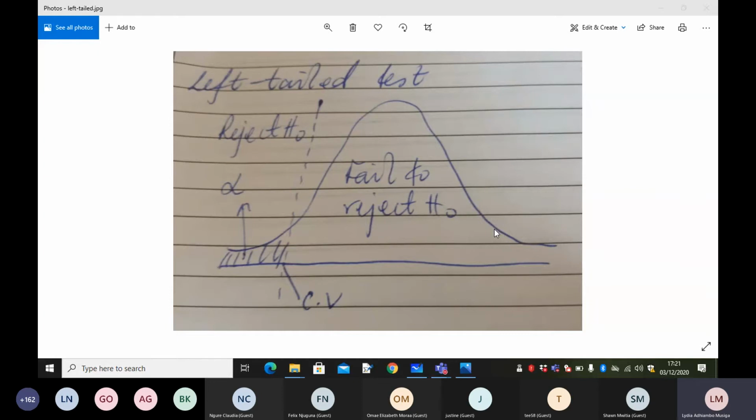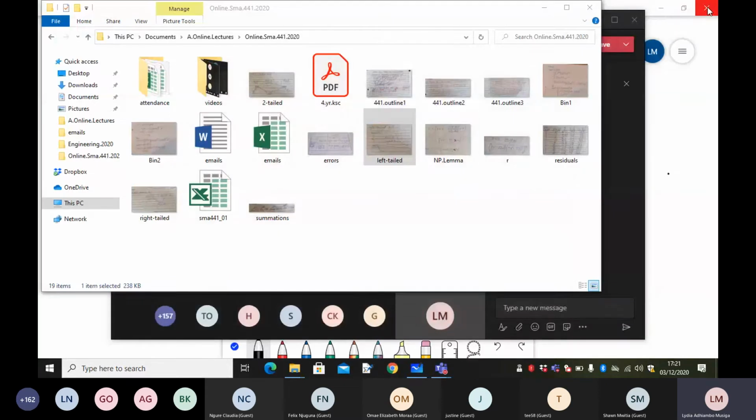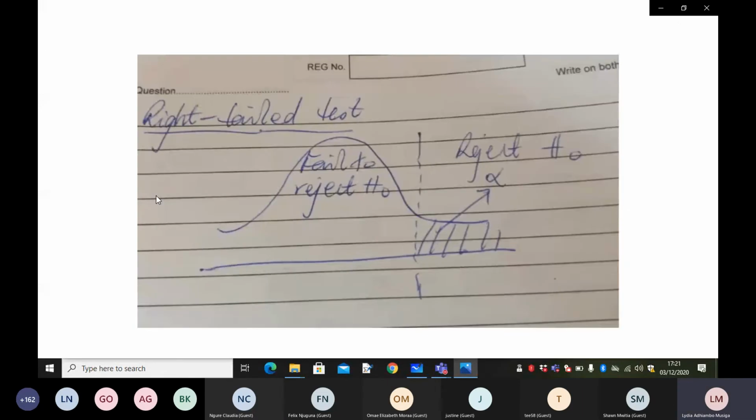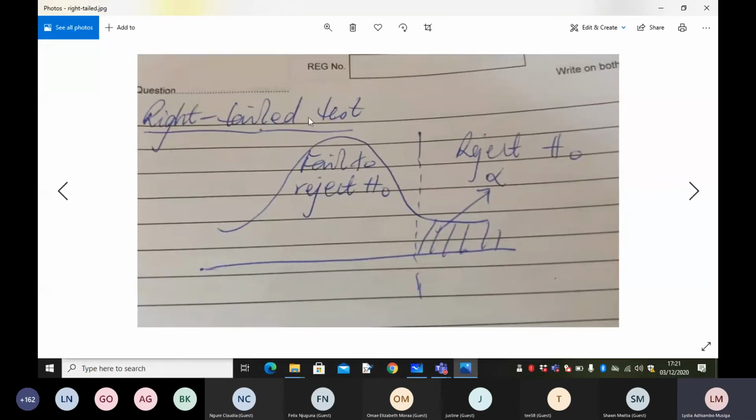Okay, so now let's look at right-tailed test rejection and non-rejection region. So for the right-tailed test, this is what we have.